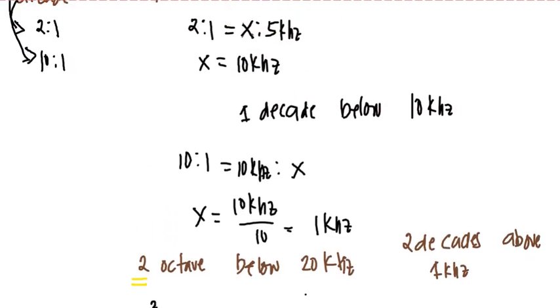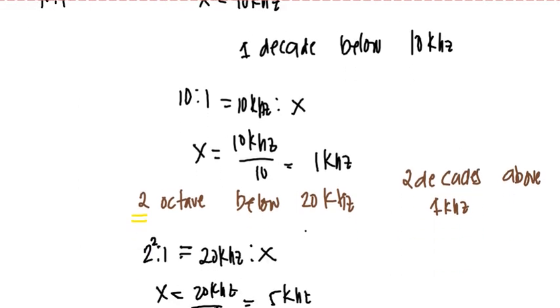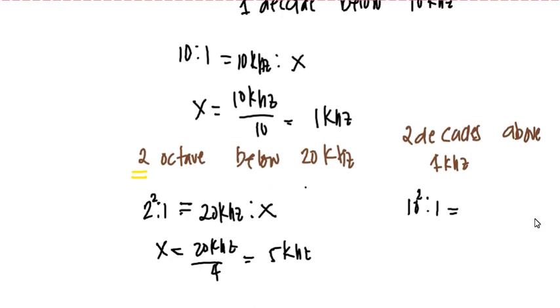Still the same as what we did earlier, we will use 10 is to 1, but this time we have 2 decades, so we have 10 squared. This will be equal to, since above is asked, the lower value is 1 kilohertz.